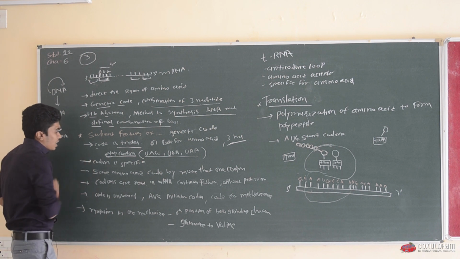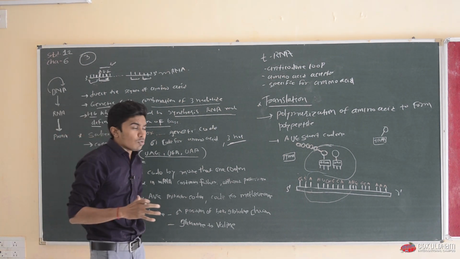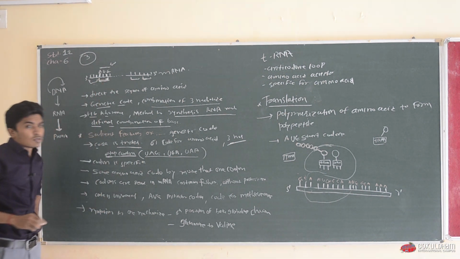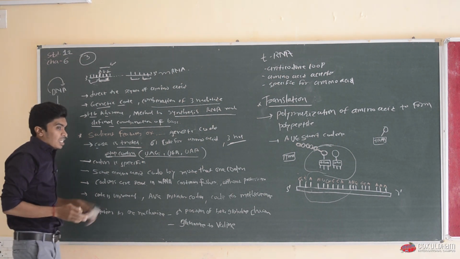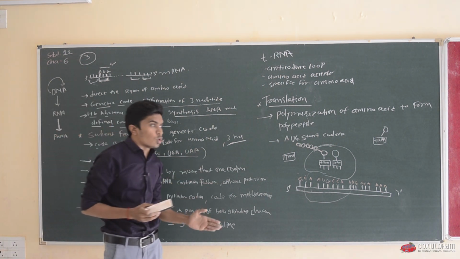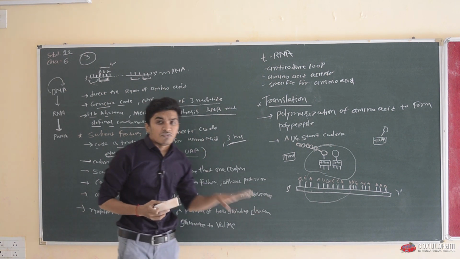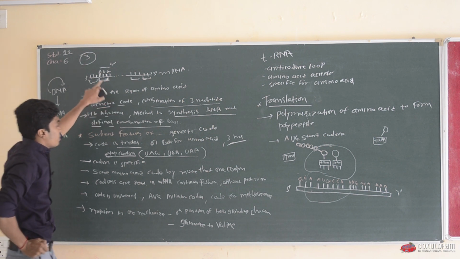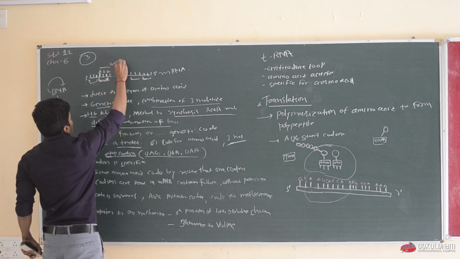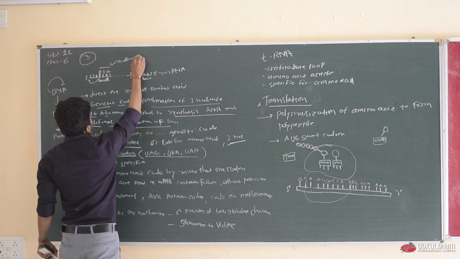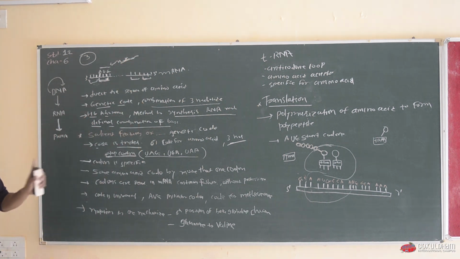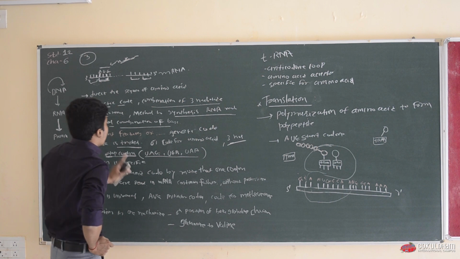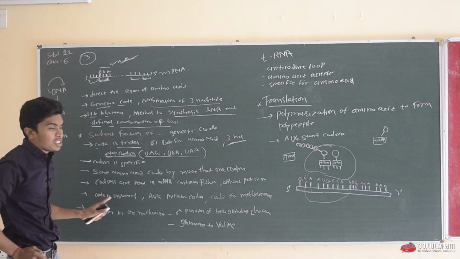This code is specific for a particular amino acid. For example, AUG is the code for methionine, which means the AUG codon will only code for methionine. If the AUG codon is present in an mRNA, it will produce only methionine, not another amino acid.